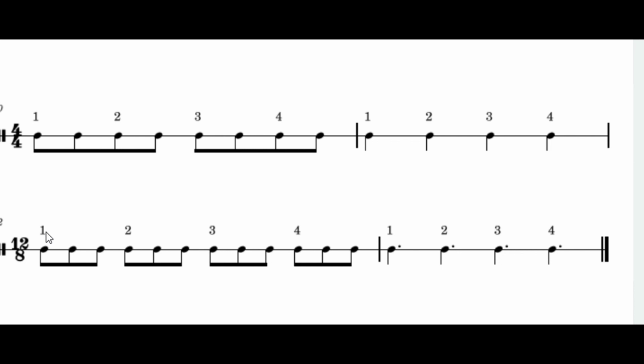And if you have it in compound, the compound is going to divide your counts 1, 2, 3, and 4 into 3. 4 groups of threes is going to give you 12.